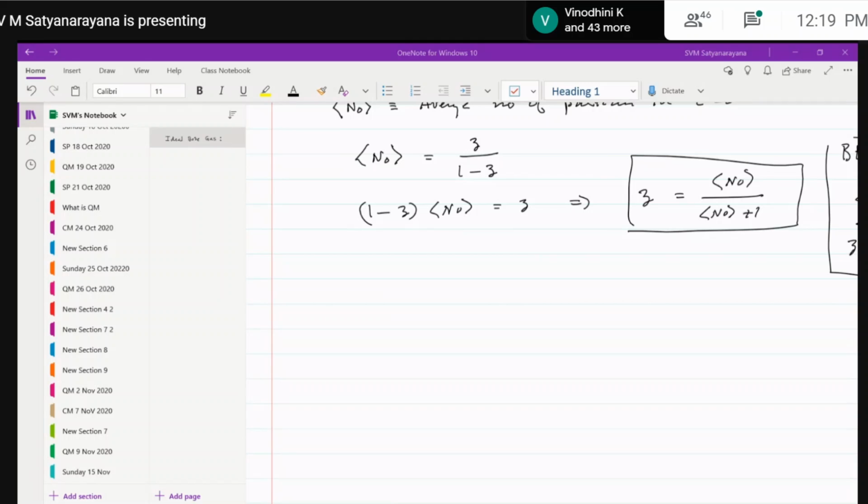They take whatever gas of atoms, and take them to be very dilute so that interactions can be neglected. Imagine that you take a gas and then decrease the temperature to nanokelvin.